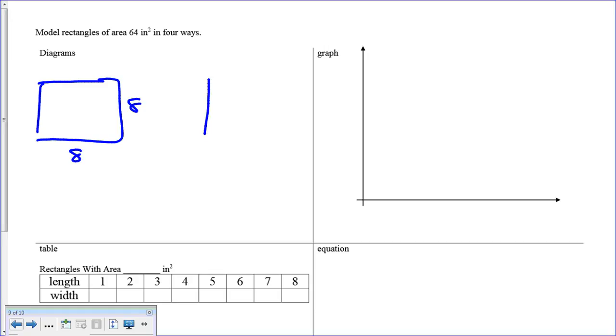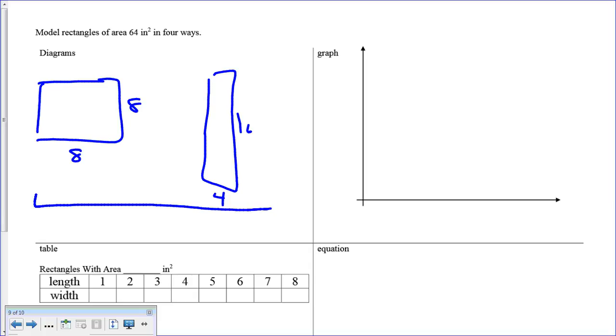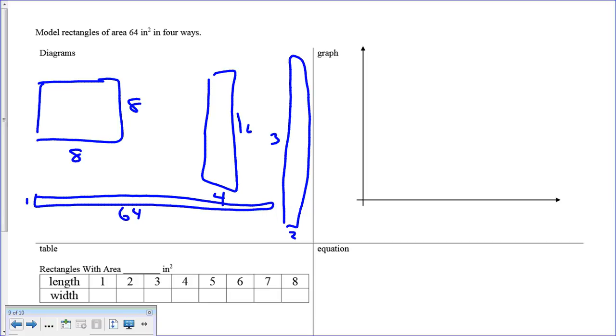I think we did like a 16 by 4. Okay, we filled in our table values.